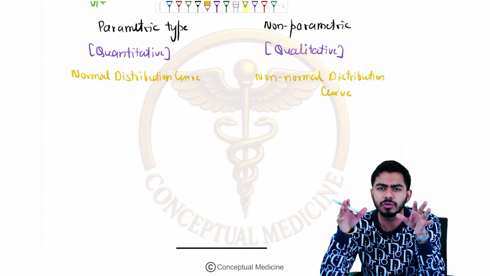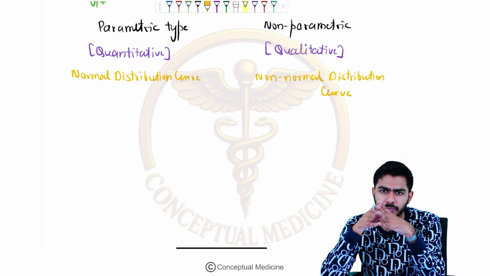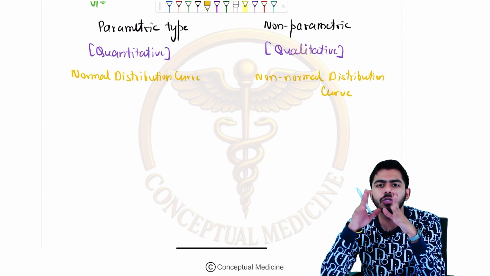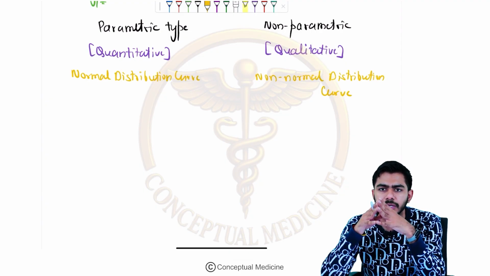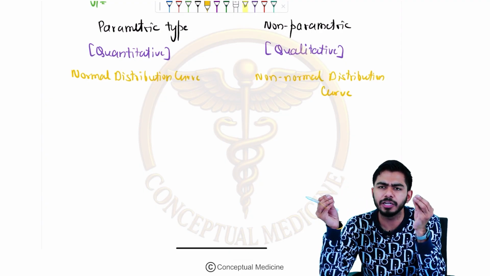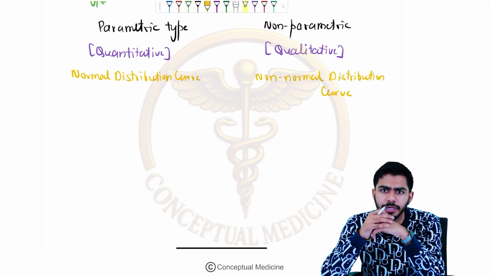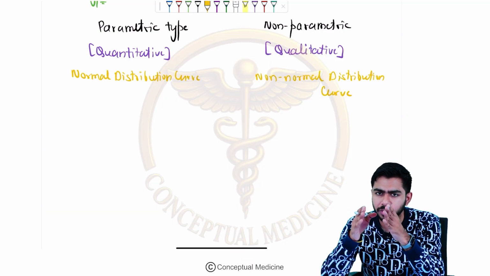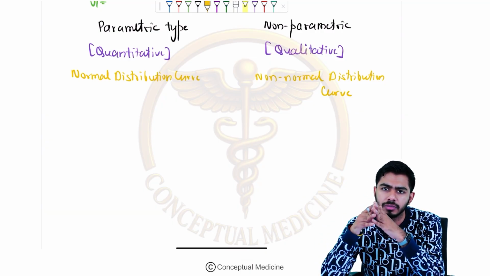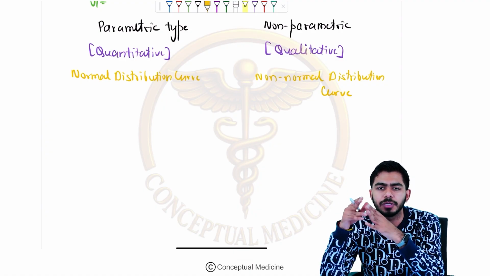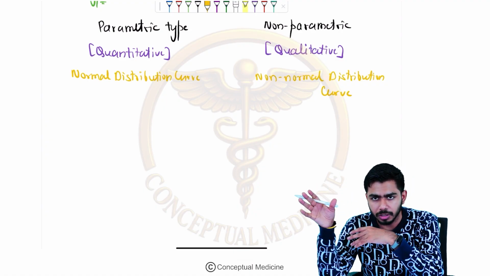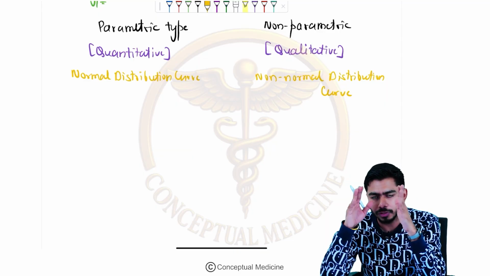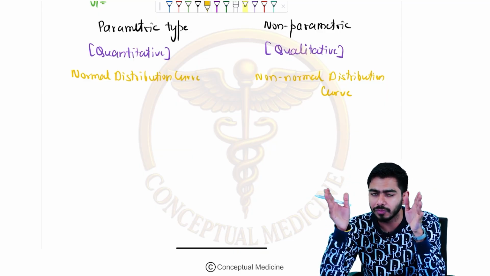For example, if they are comparing the mothers of two children, or any kind of countable data, such as what percent of people have AIDS or TB, these kinds of things will be considered under the category of qualitative data. So once we have decided that, we will choose the test accordingly.